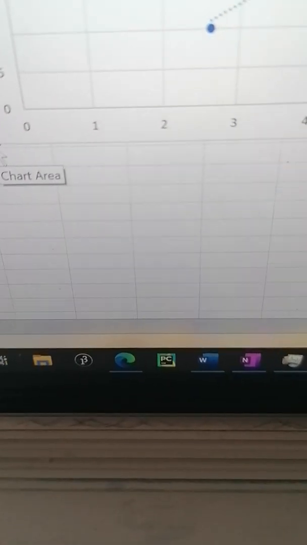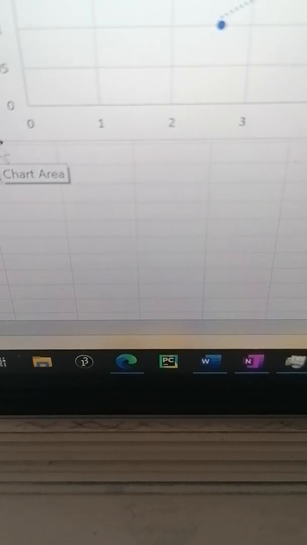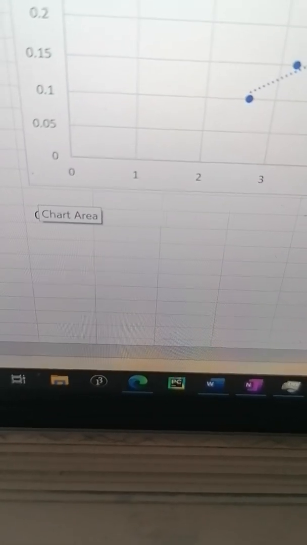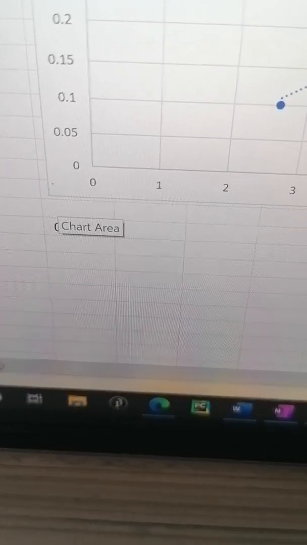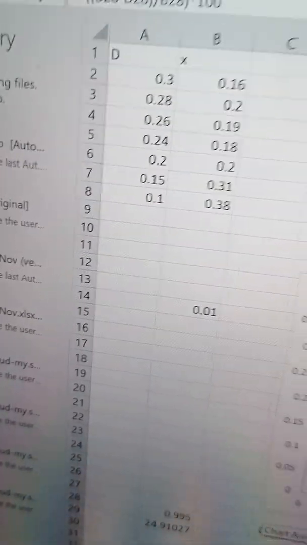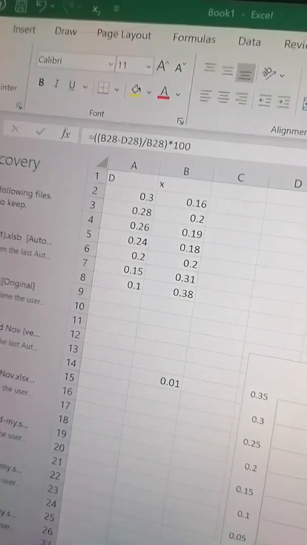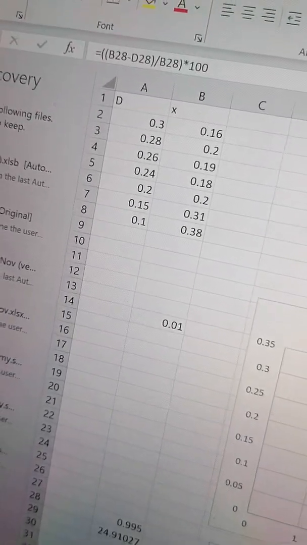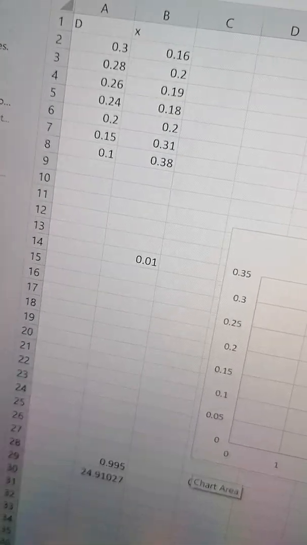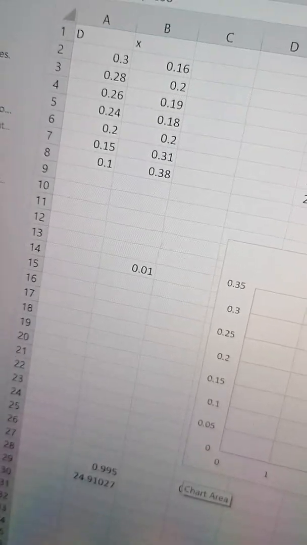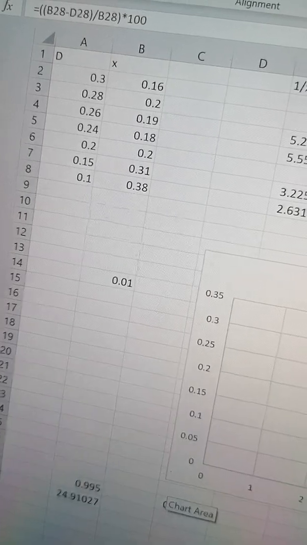So I wouldn't say that this experiment is accurate. I think my apparatus were very limiting. And there was an outlier in my experiment, so my data doesn't really agree with itself. So I don't think this experiment was precise or accurate due to the limitations of my apparatus.